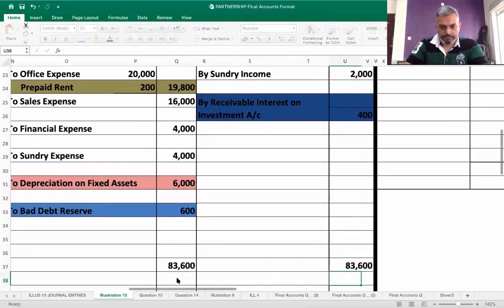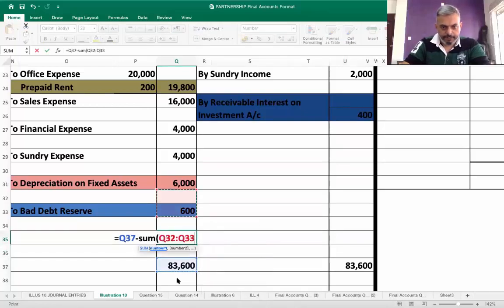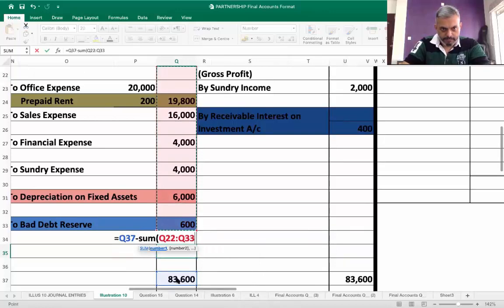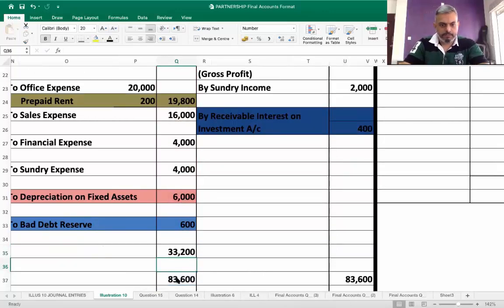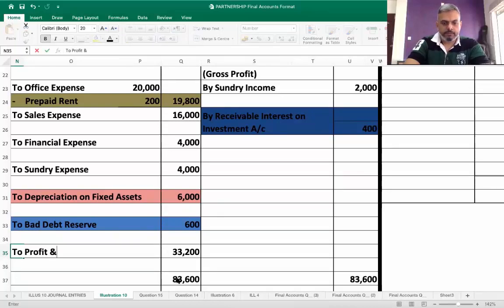Transfer over here. Minus sum, इस सब का total 43,200, correct. To profit account, net profit.